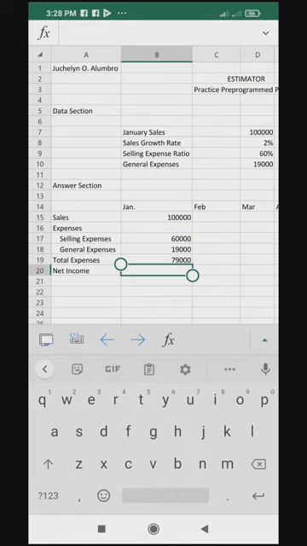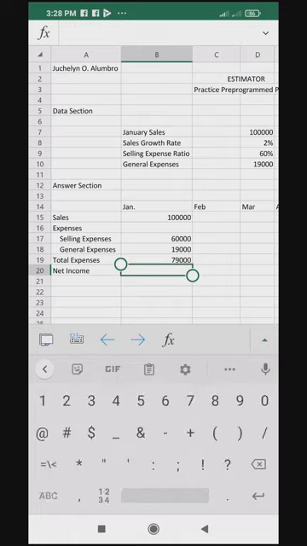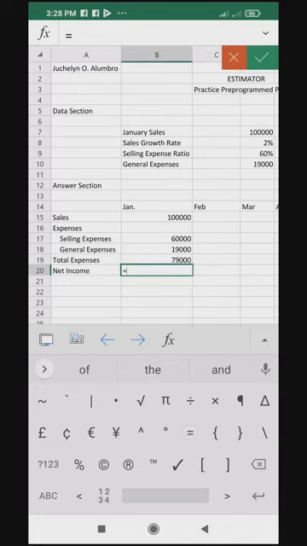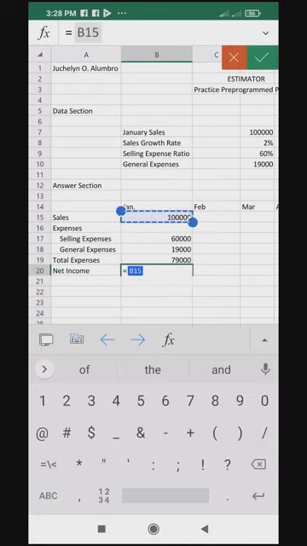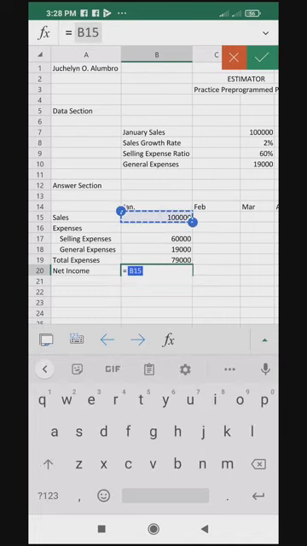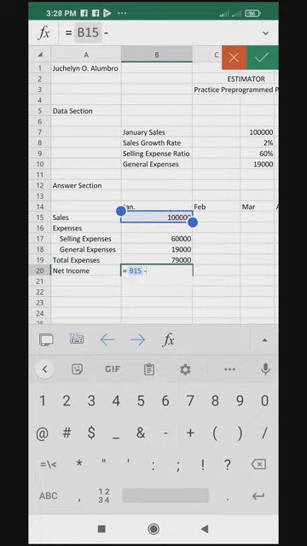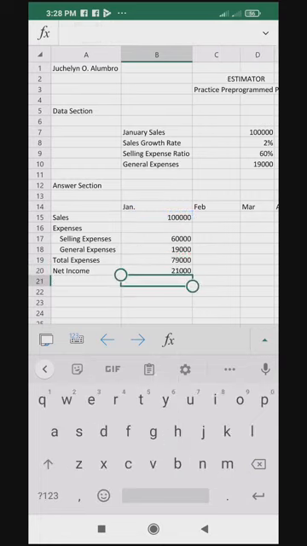And the net income for January is equal to B15 minus B19. So the net income is 21,000.